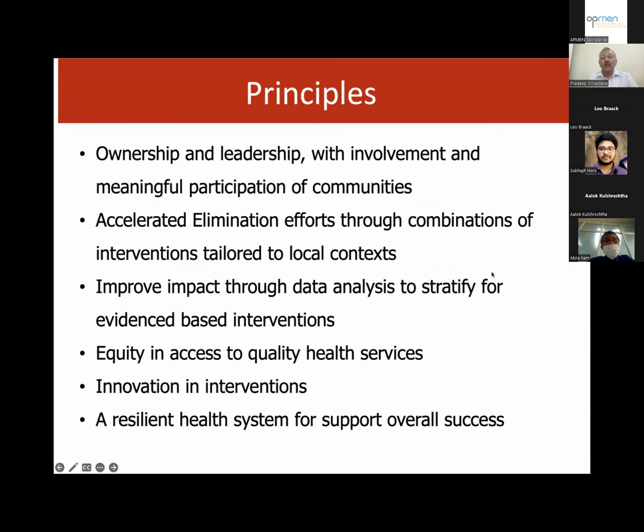Now, what is basically the principle of this? The basic principle is that you are switching over from control to pre-elimination and elimination, so you have to own that. You have to be very, very responsible and accountable. And that comes only from good governance and good leadership.